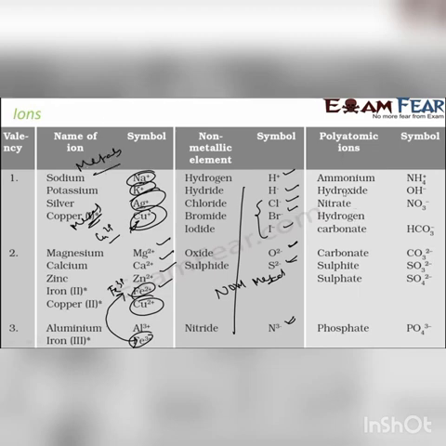Right? And these are examples of polyatomic ions. For example, NH4 plus, OH minus, NO3 minus, SO3 2 minus, CO3 2 minus, SO4 2 minus, PO4 3 minus. These are all polyatomic ions. I told you, ions can also exist as polyatomic.